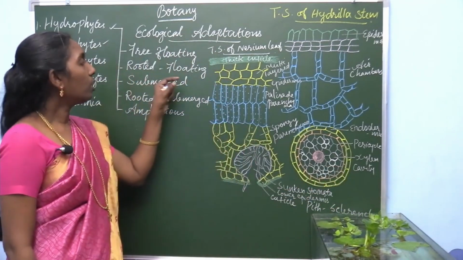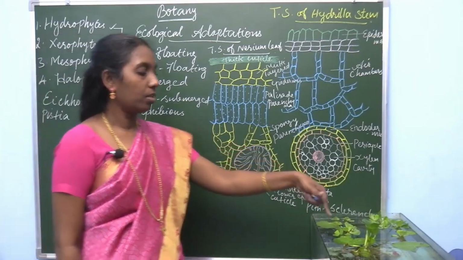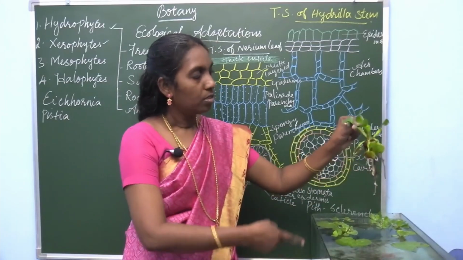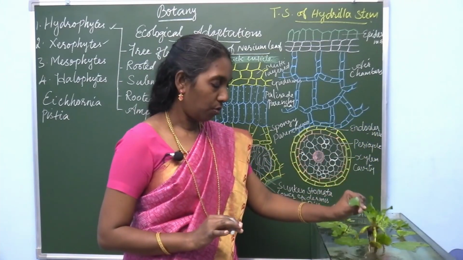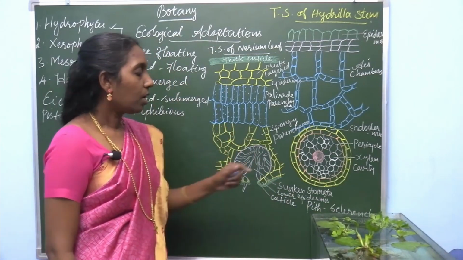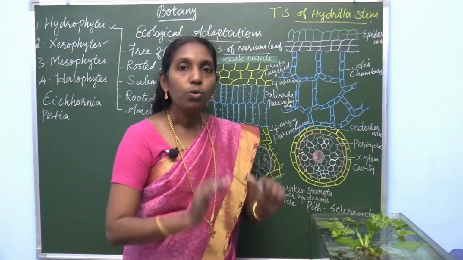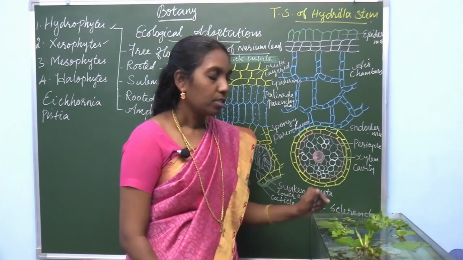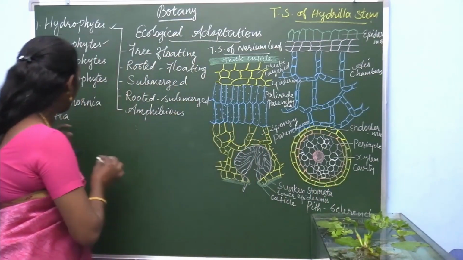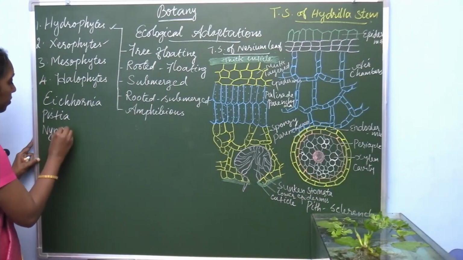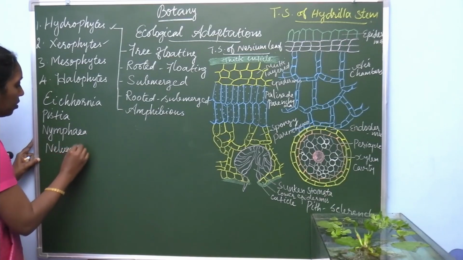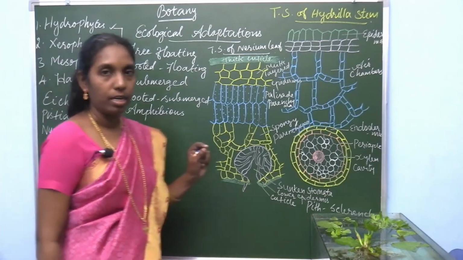Then rooted floating hydrophytes. Free floating ones are not attached with the mud, but there are some other hydrophytes which are rooted in the soil. An example is Nymphaea and Nelumbo, that is water lily and lotus.